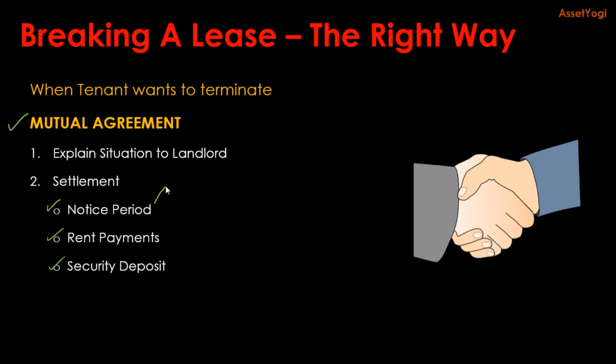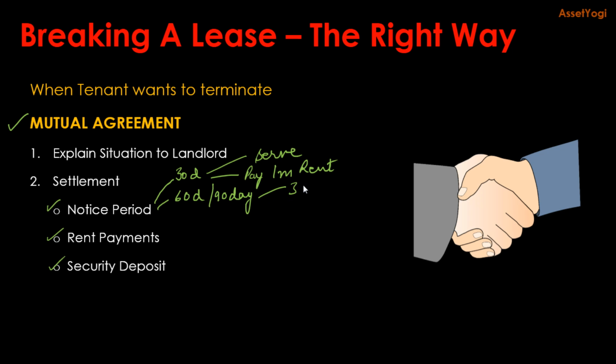Suppose you have a notice period of 30 days, then you have a choice: either you can serve the notice period, or you can buy out the notice period. You can pay 1 month rent extra to the landlord. Or let's say if you have a 60-day or a 90-day notice period, then you can probably negotiate with the landlord.